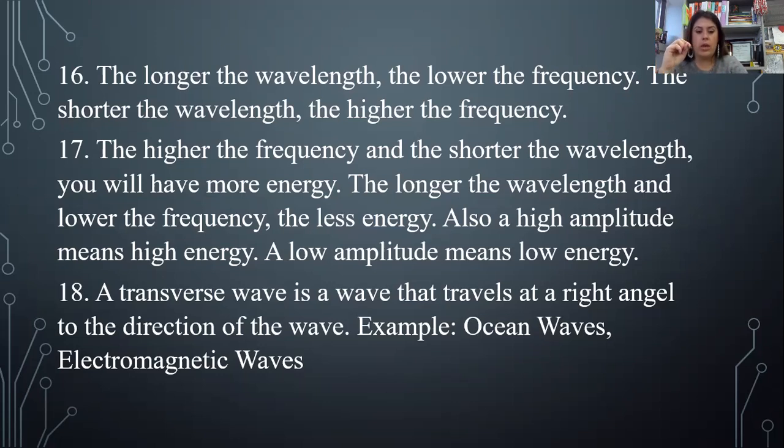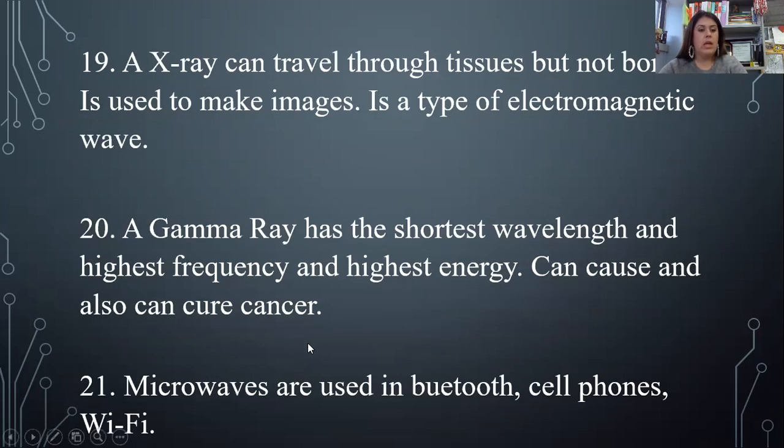A transverse wave is a wave that travels at a right angle to the direction of the wave. For example, ocean waves or electromagnetic waves. There are a couple of different types of waves that exist on the electromagnetic spectrum. One is an X-ray. Remember, X-rays can travel through tissues, but not through bones. It is used to make images, and this is a type of electromagnetic wave. Another type of electromagnetic wave is a gamma ray.